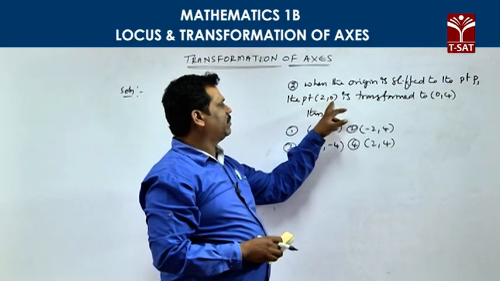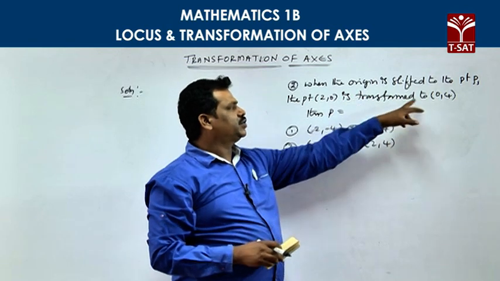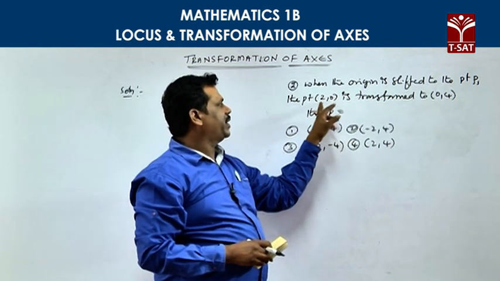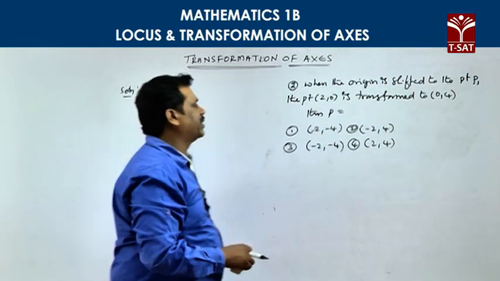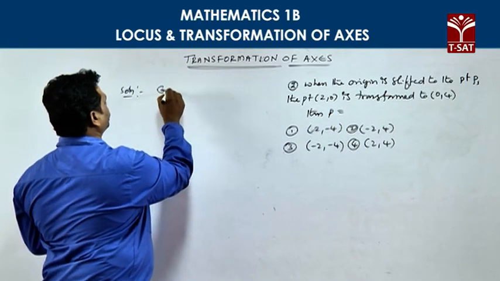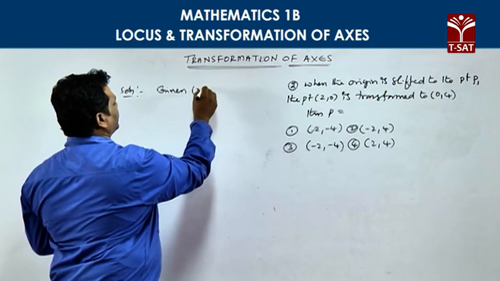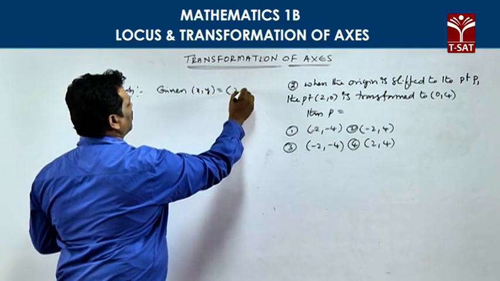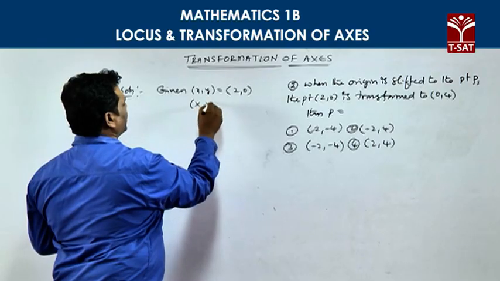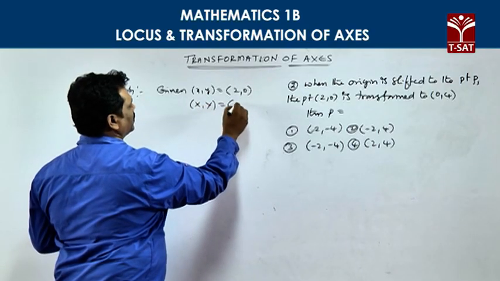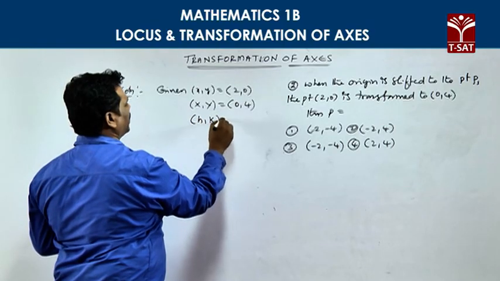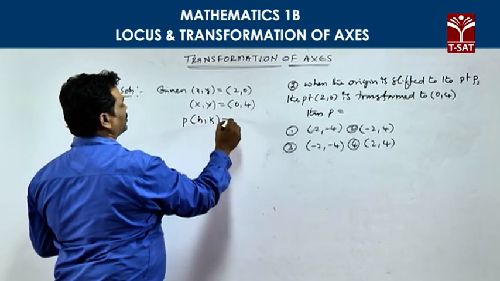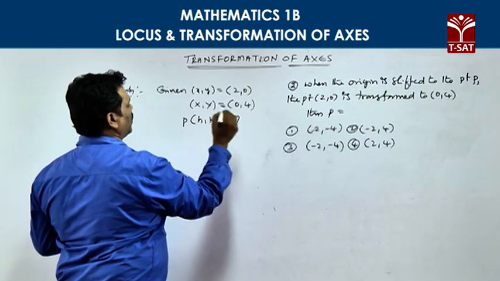The point (2, 0), small x, small y, is changed to capital X, capital Y. So given small (x, y) = (2, 0) and capital (X, Y) = (0, 4), we have to find P = (h, k).